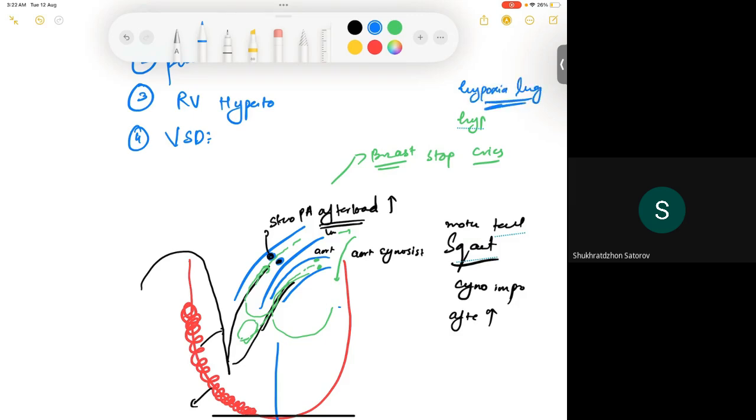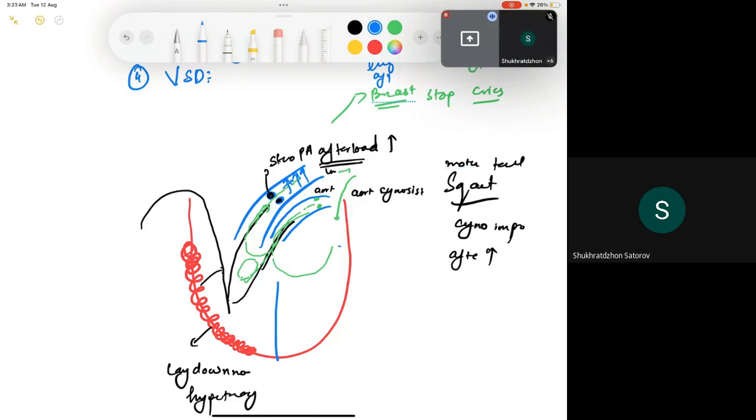And as we are getting hypoxia in the lungs, what would happen as a result? We know that whenever the lungs get hypoxia, we are going to have vasoconstriction in the lungs. And as we have vasoconstriction in the lungs, the afterload to the pulmonary artery increases. So the baby is stopping his breath for that little period of time, making a hypoxic situation.